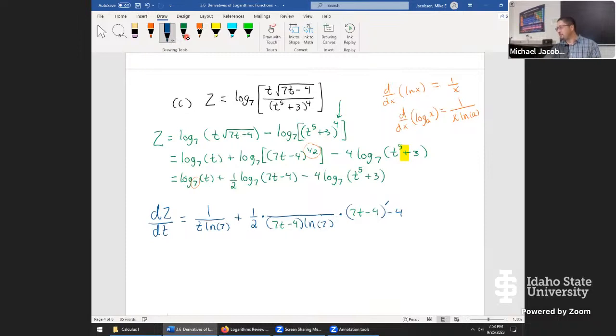So minus 4 times something going here, natural log 7, multiplied by the derivative of the input. So that's a format of the chain rule. Then this is the stuff going in those two blanks, t power 5 plus 3. Here and here.